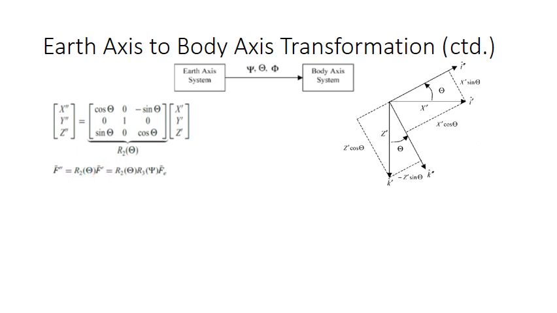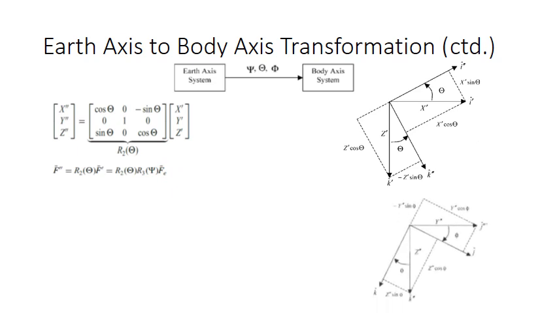But from the previous slide, we know that f dash was equal to R3 of psi, the third rotation matrix, which is a function of psi. This rotation was around the z-axis times the vector in the Earth axis system, f Earth.